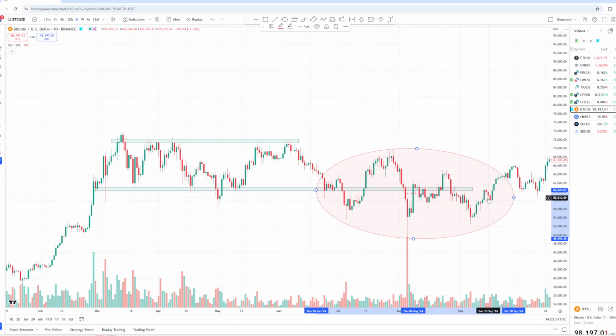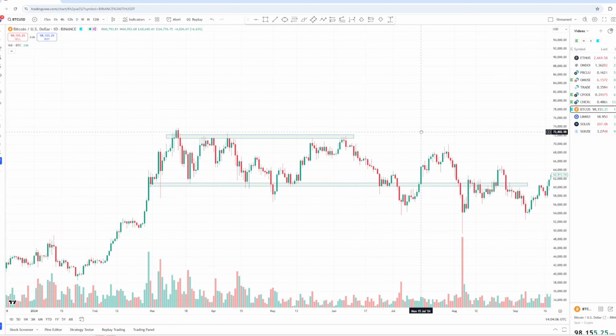And this also happens, especially when we have prolonged periods of consolidation, and you need to be aware of this. So if a level gets tested up and down, breaks, reclaims many times over, I think it's pretty much starting to become worthless.